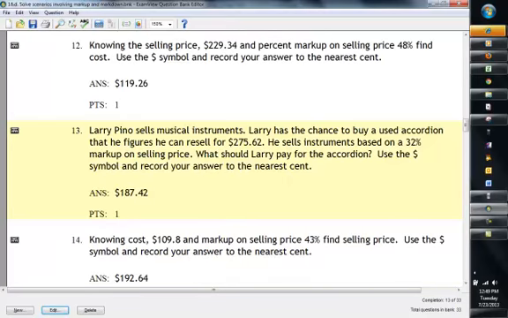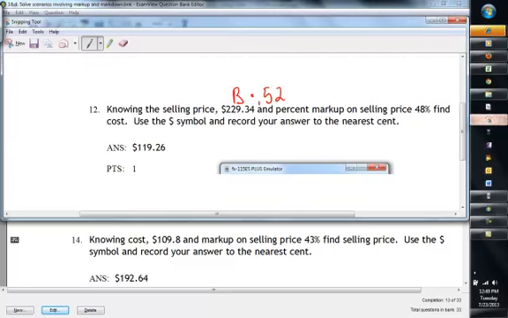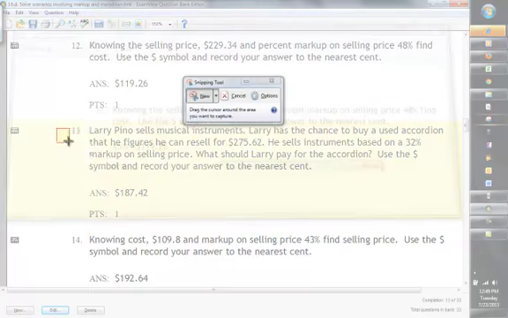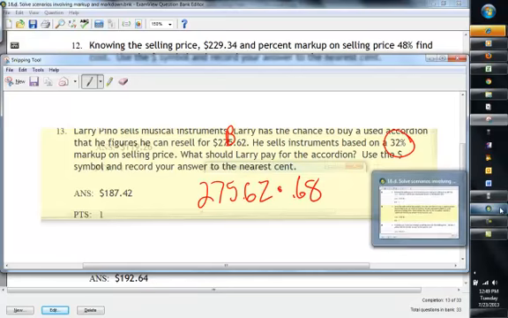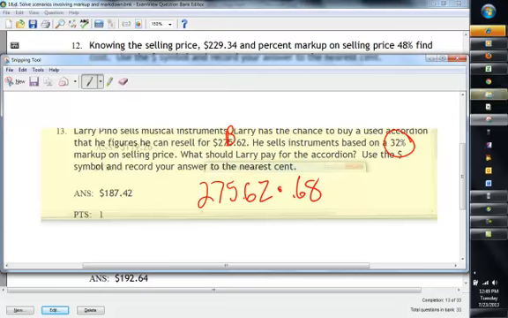Larry Pino sells musical instruments. He has a chance to buy a used accordion that he figures he can resell for $275.62. So it's based on selling price again. So this is the base, 275.62 times 0.68, because it's 32% is the markup, so the cost is 68%. All right.